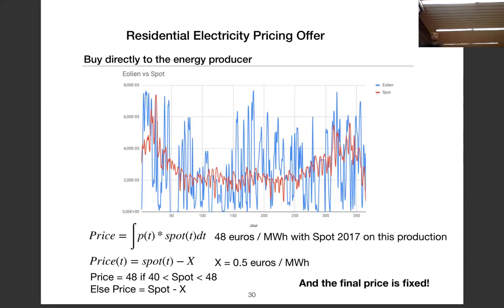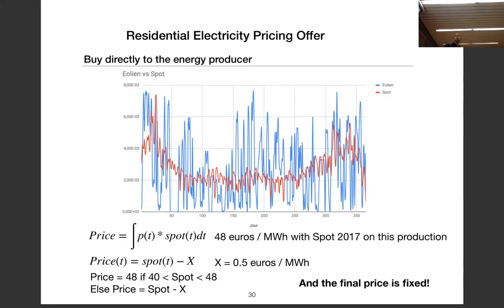So one way of doing a fixed contract offer is, okay, you discuss with the energy producer and you say, I can propose you to buy your wind power at the spot day-ahead prices. But maybe you would prefer a fixed price.